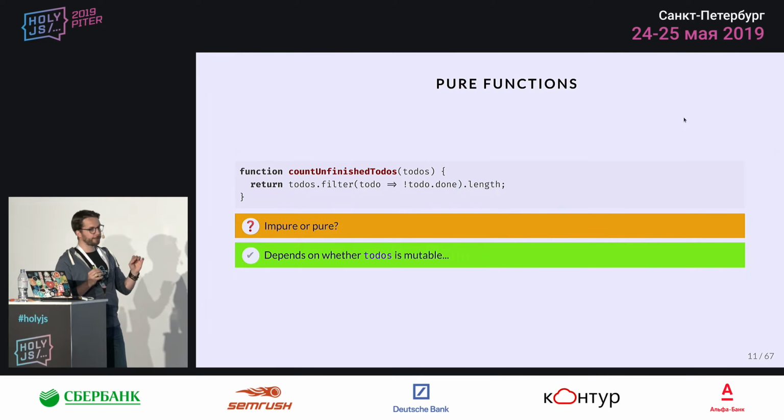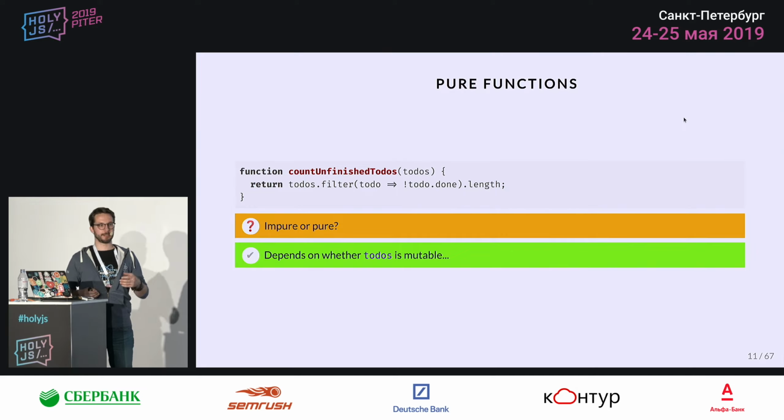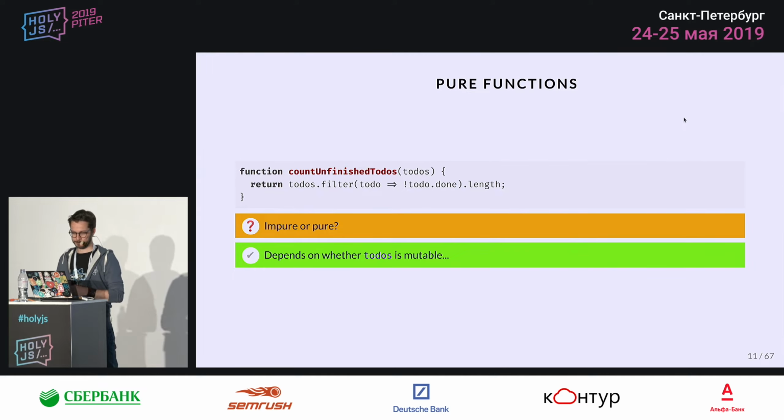And if it were immutable, that would be a really cool property, because we have this memoization. But on the other hand, this collection of to-dos, conceptually, is probably going to change in your application over time. So the question is, would it actually be meaningful to memoize this function? Because probably in the future, you're no longer interested in the amount of to-dos left in specifically this set of to-dos, but in the current set of to-dos, whatever that may be.